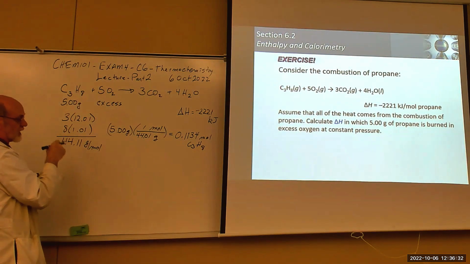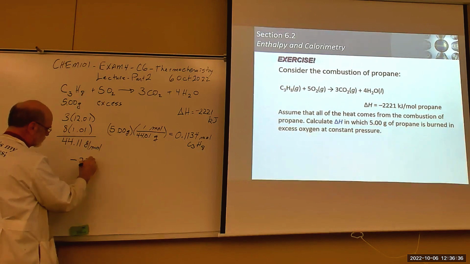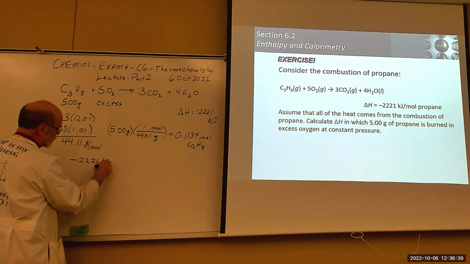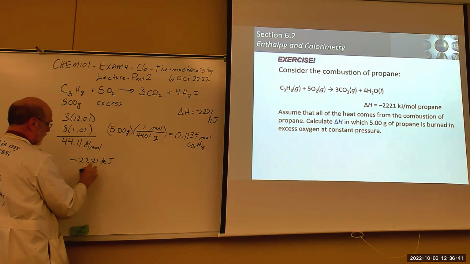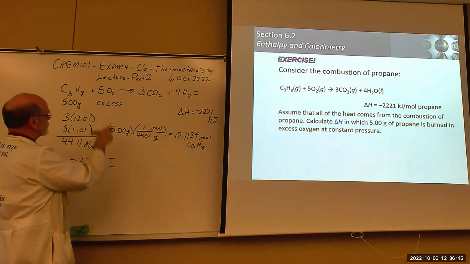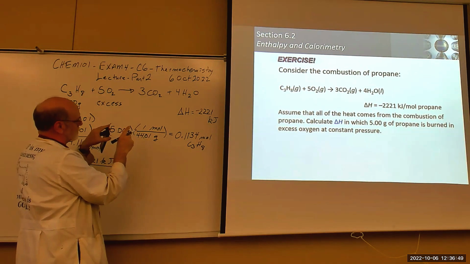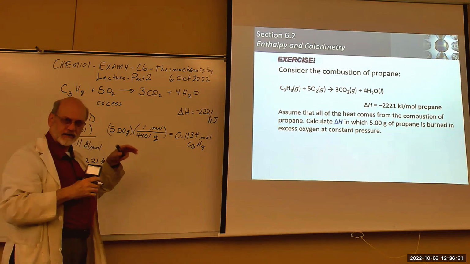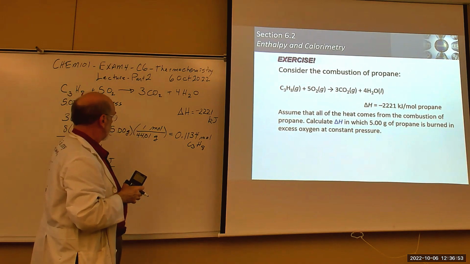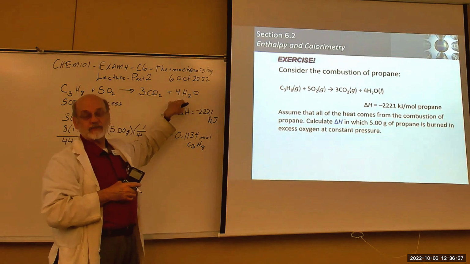Okay, so now we're going to take this value, kilojoules, and we can say this is where you insert the denominator. If the problem had been written in such a way that we say, all right, how many kilojoules would be expended if we produce so many grams of water?